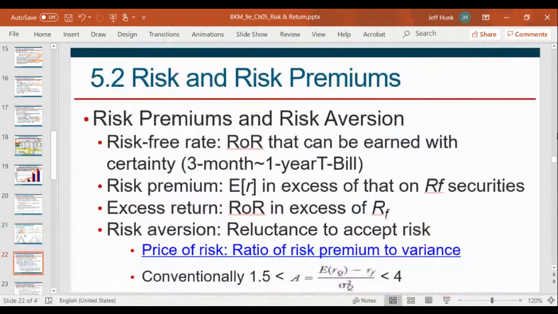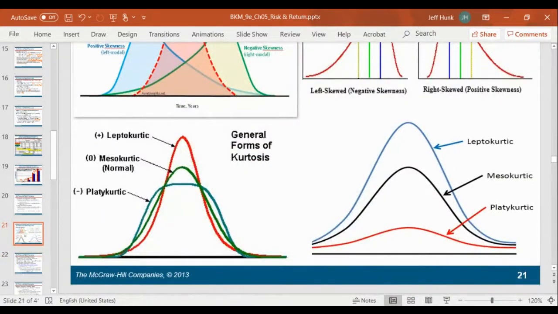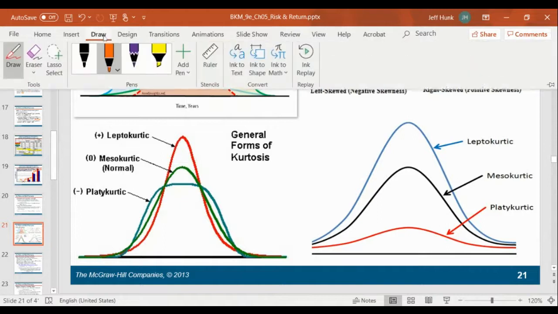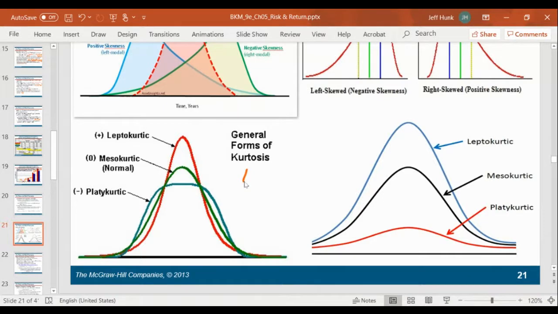Okay, and they are called moments. Mean is the first moment, right? The variance is the second moment.